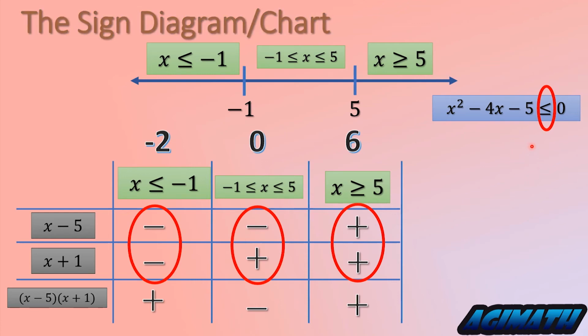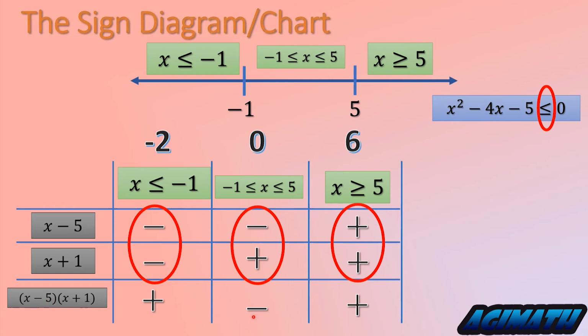And when are products negative? It will only happen if the two factors have unlike signs. Or to make it simpler, because we are already doing the sign chart, since we have less than or equal to or less than, you look for a negative sign on your product.